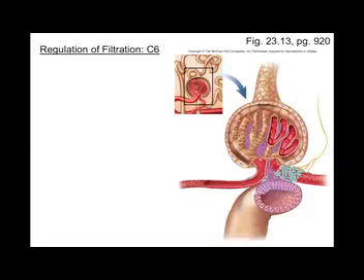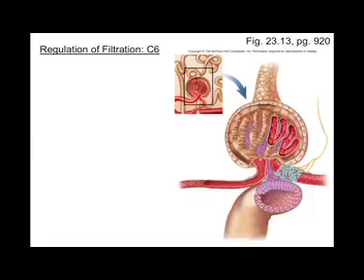So norepinephrine, and the amount of nerve signals that are releasing norepinephrine, can help to regulate the filtration. These smooth muscle cells can contract and relax, causing constriction or dilation of this afferent arteriole, thereby increasing or decreasing the rate of filtration. So if you're exercising, we're going to decrease that filtration rate because we want more of that blood to be directed to the skeletal muscles and to the heart. It doesn't stop, it's just decreased.